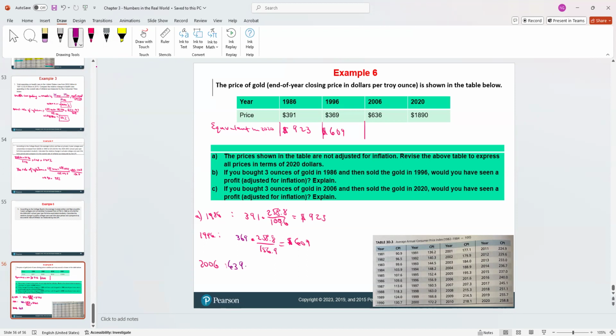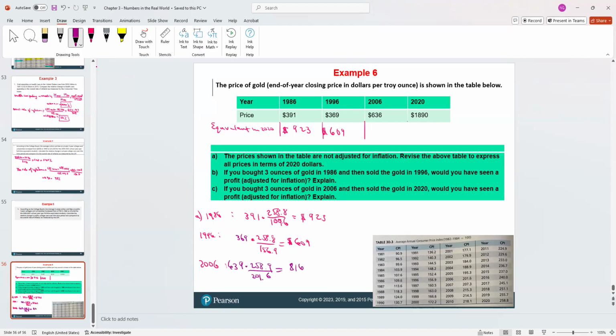Now we need to multiply with 258.8. Remember, 2020 doesn't change. And we divide for 2006, 201.6. When you do these divisions, you get 816.